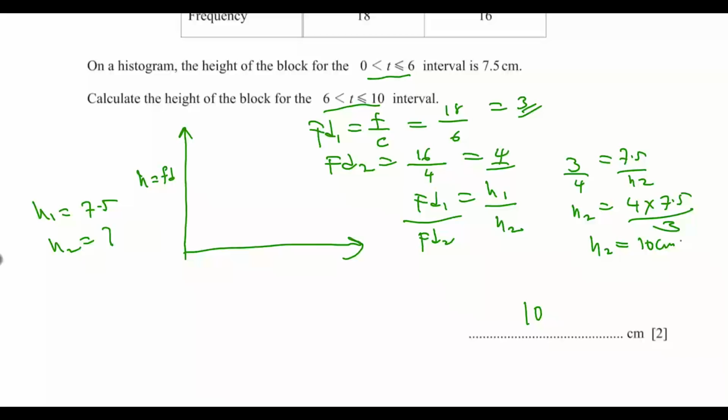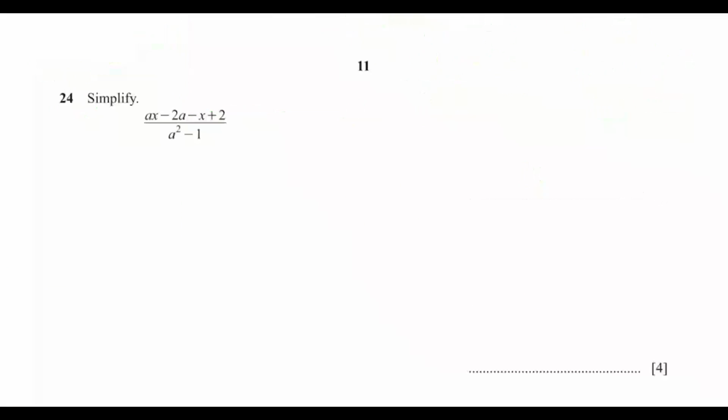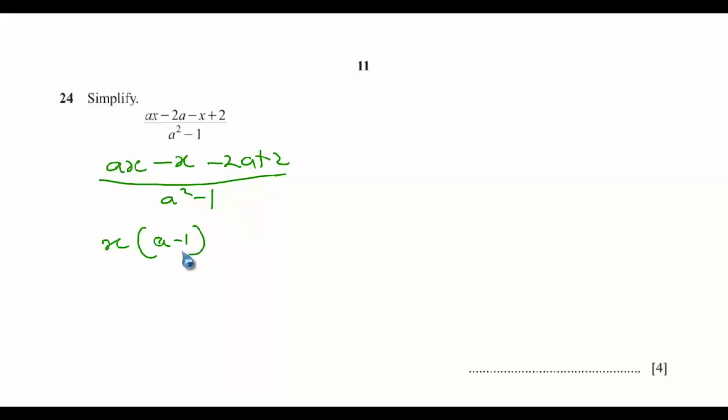So let's go to the next question, question 24. Simplify this. What you can do here is rearrange. We have ax minus x minus 2a plus 2, everything over a squared minus 1. So we can factor out x here, x into a minus 1, then minus 2. Let's factor 2 here into a minus 1.